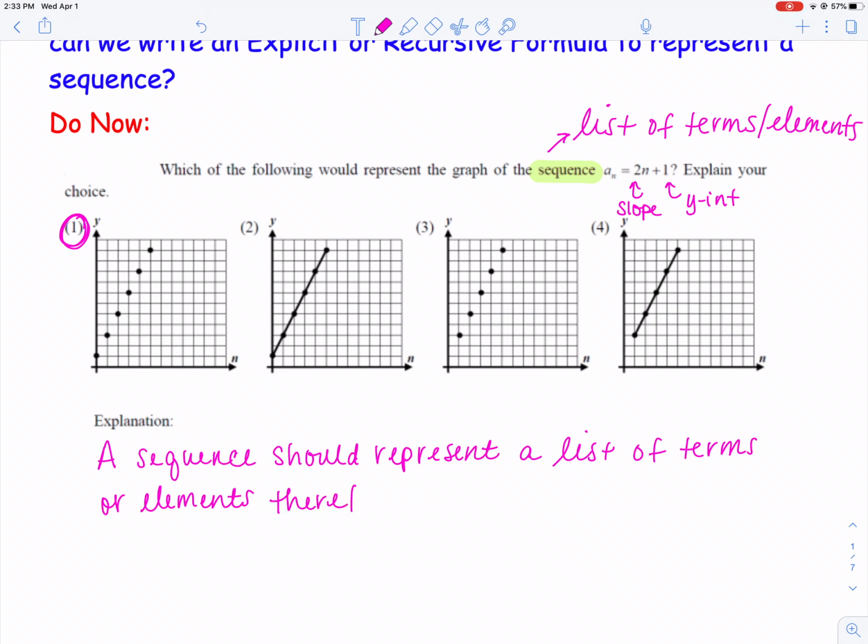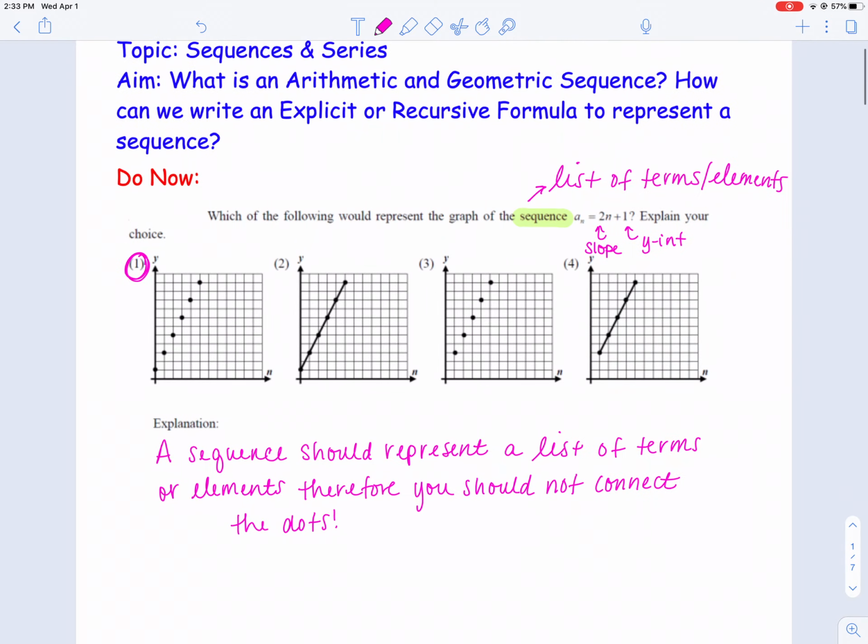Therefore, you should not connect the dots. Okay? It's only those specific numbers. It's not going to include every number in between. That's why we're not going to connect and make it a line. Okay, so let's keep going.